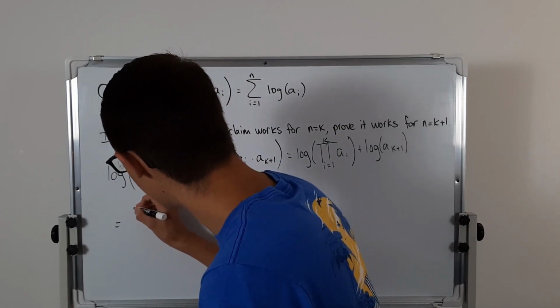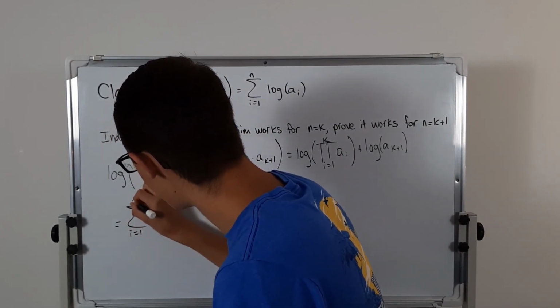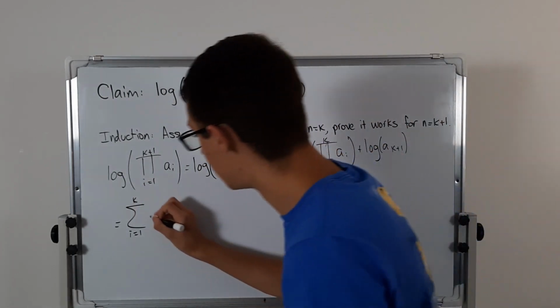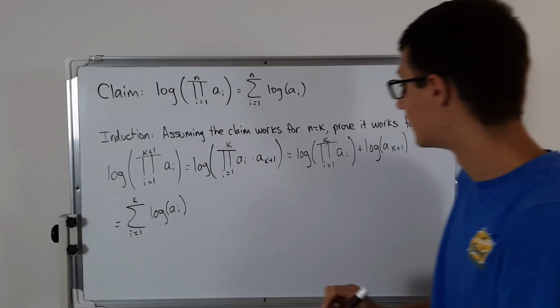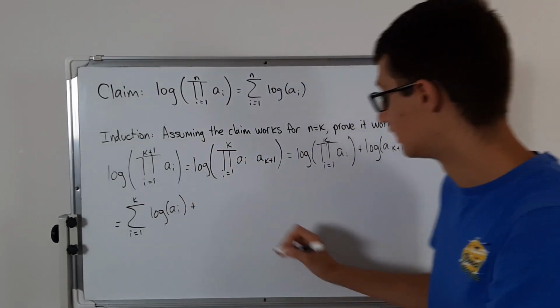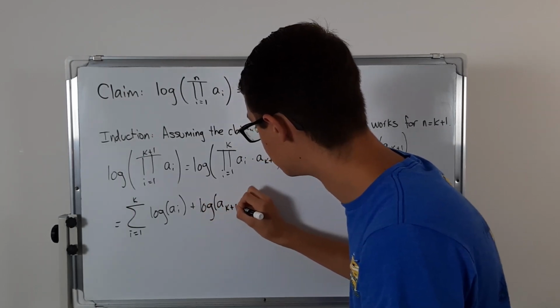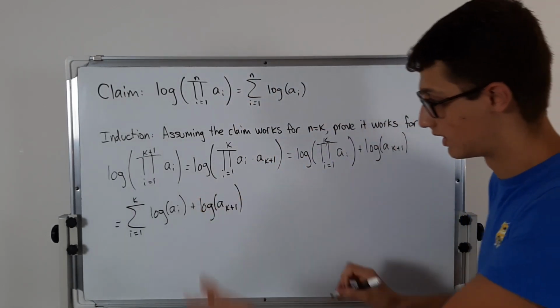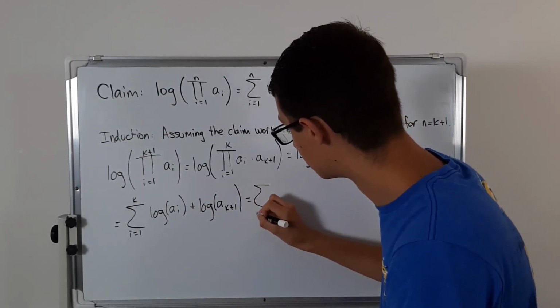So what we have here is the sum from i equals 1 to k of log of a sub i, and then we're going to add that to the last term, log of a sub k plus 1. Then our last step is to add them all together, kind of the reverse of what we did earlier.